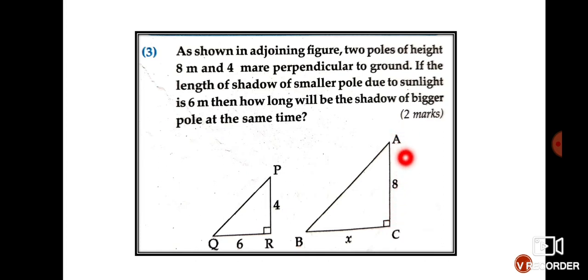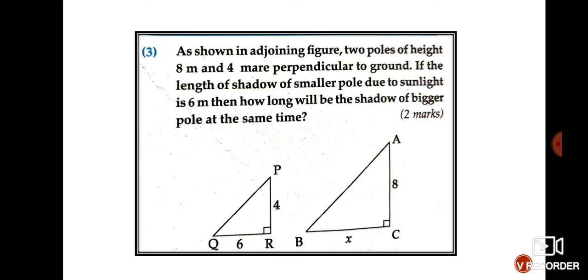The pole AC is 8 and the length of pole PR is 4 units. If the length of the shadow of the smaller pole due to sunlight is 6, so QR here represents the shadow and BC represents the shadow of the pole AC.